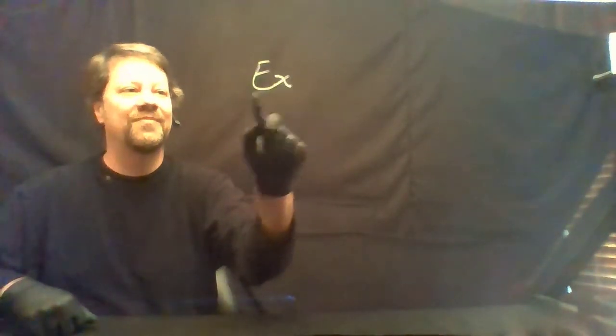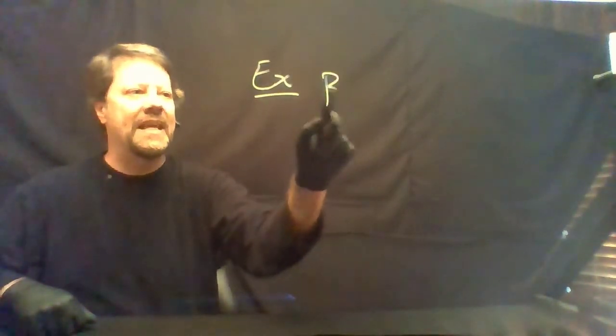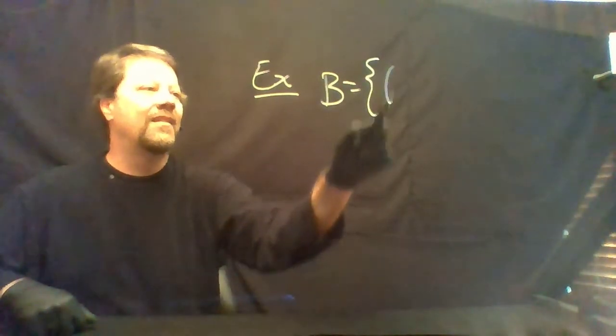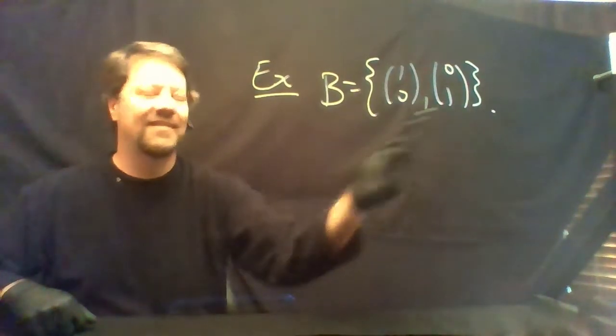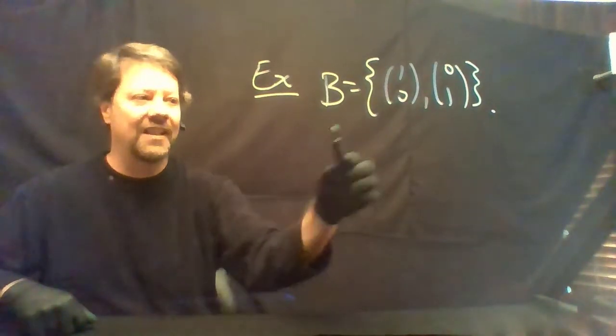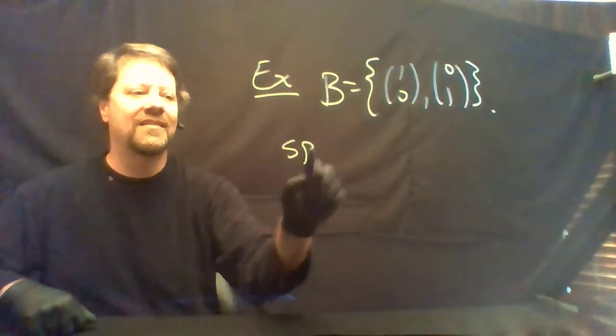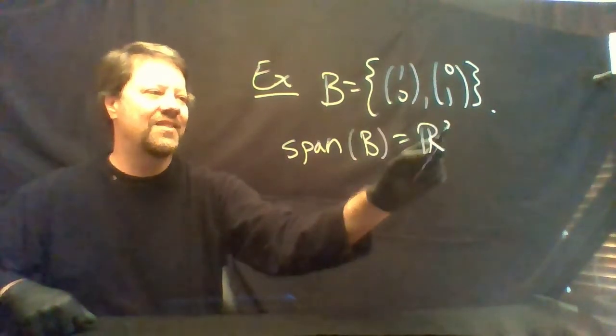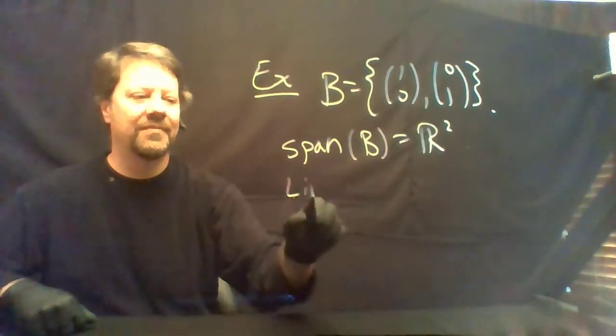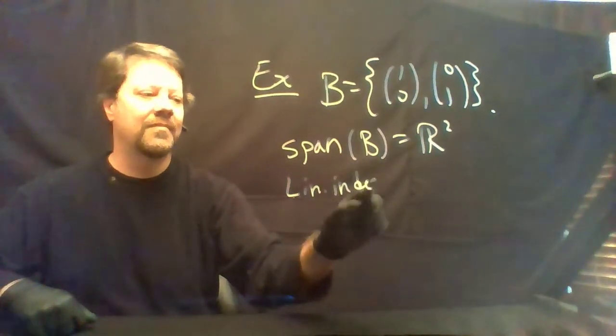As an example, consider the set B, (1, 0), (0, 1). This set is linearly independent, and the span of B is all of R2.